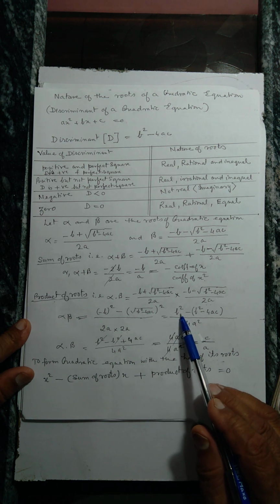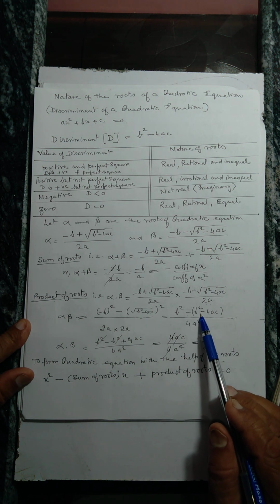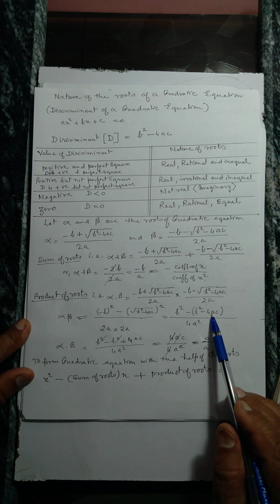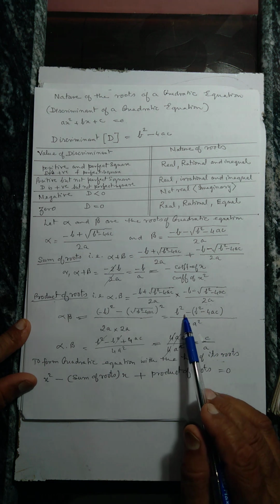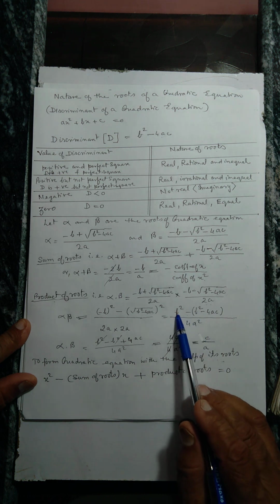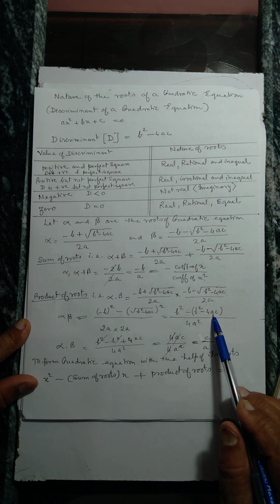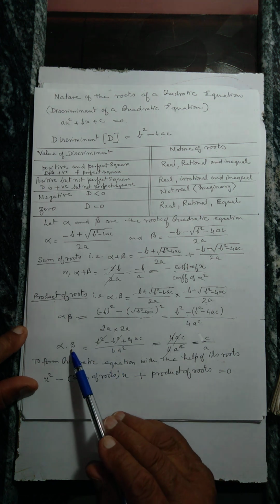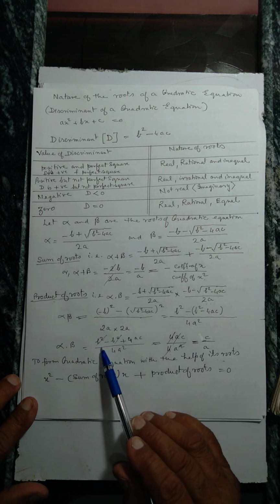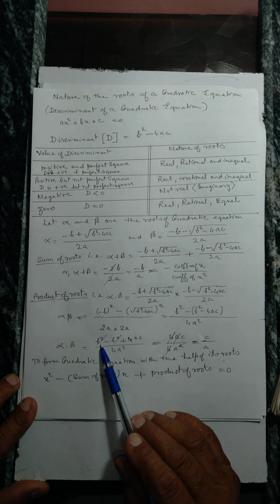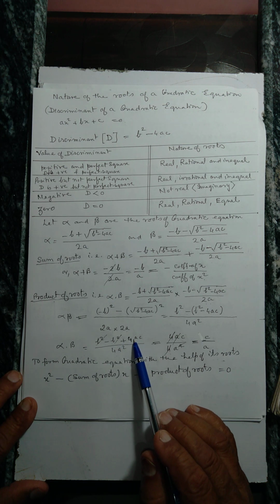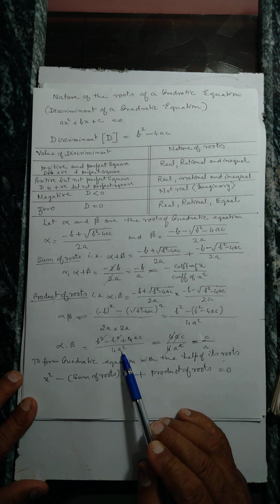So b square minus 4ac inside the bracket, I have mentioned it here. Once we open this bracket, this b square and b square will be cancelled and it will become plus. So here I have opened it. Alpha into beta is equal to b square minus b square plus 4ac upon 4a square.